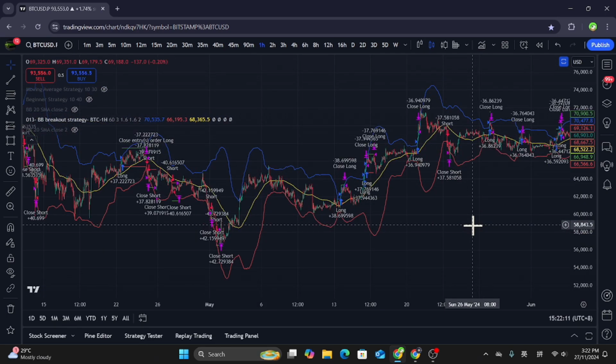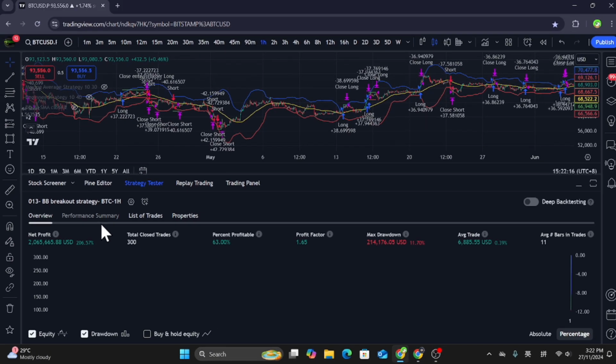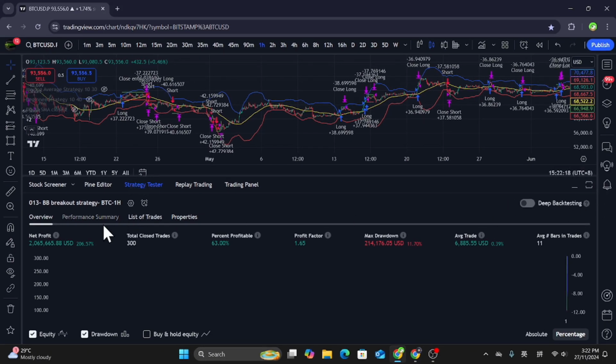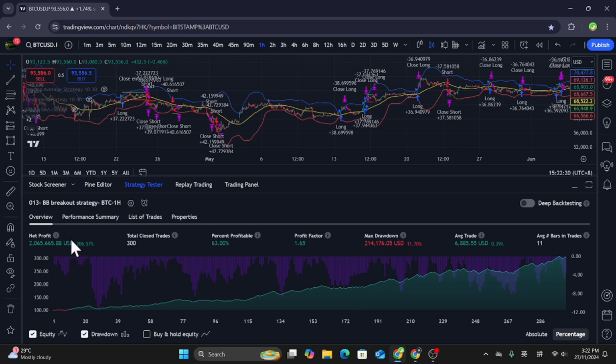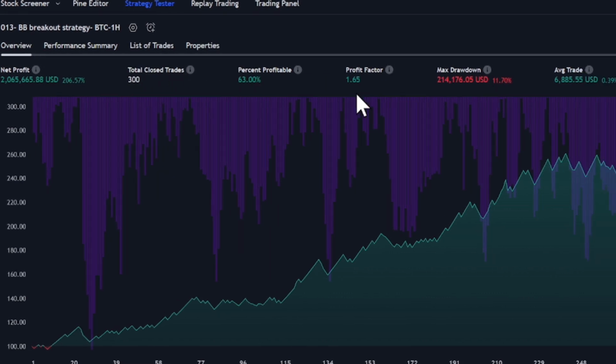Let's look at the result, guys. The result is very, very impressive. Just click the strategy tester. Wow, it's a 200% gain. The number of trades is also pretty high, around 300 trades. The win rate is around 63%.